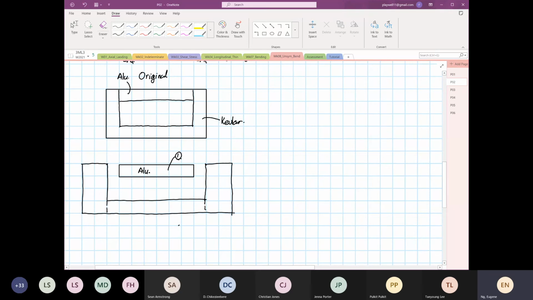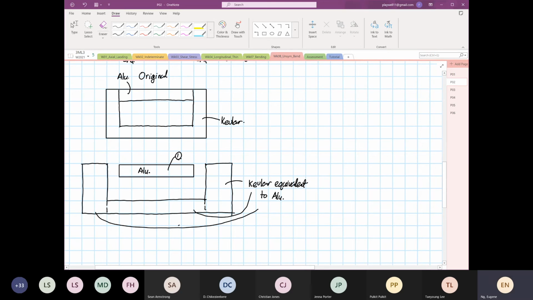So these are now all made of aluminum. So Kevlar, Kevlar, Kevlar. All these are Kevlar equivalent to aluminum.